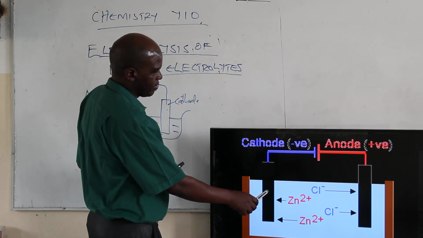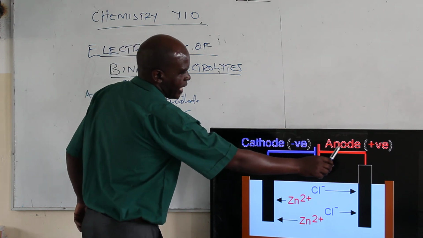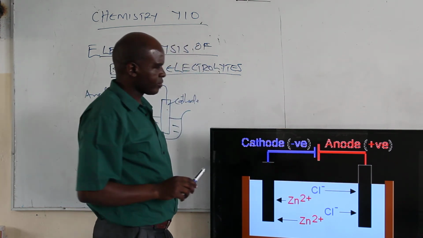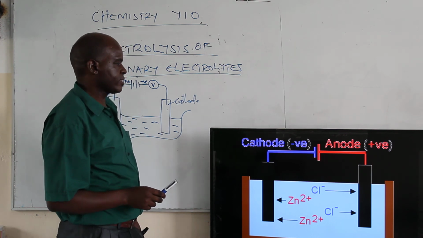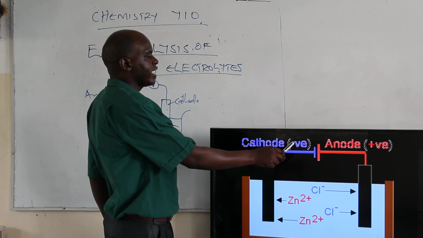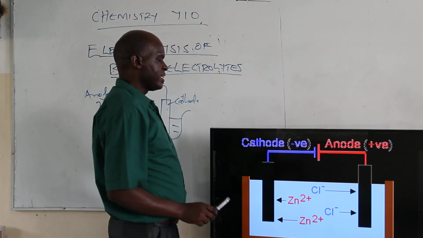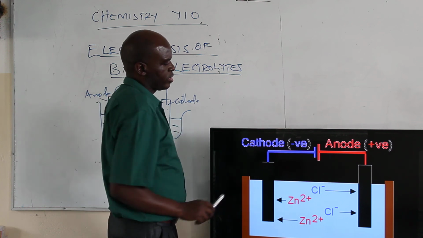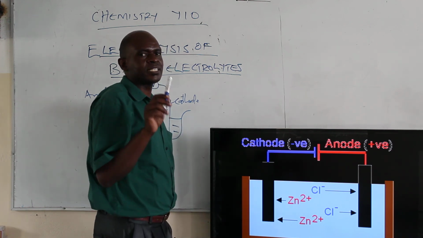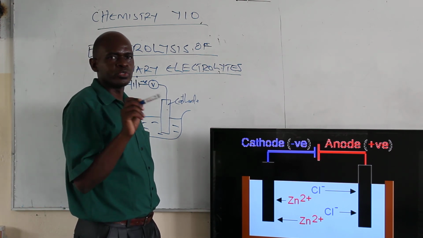We have this particular electrode which is the cathode, and we have the anode on this other side. So during the electrolysis, because this is the cathode, a negative electrode, and this is the anode, the positive electrode, the ions inside the electrolyte will be attracted to the oppositely charged poles.